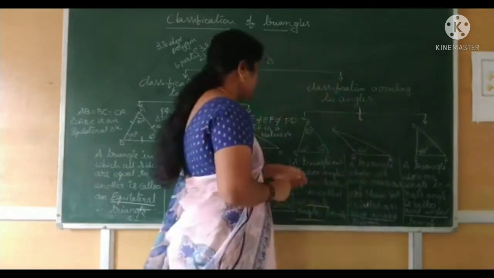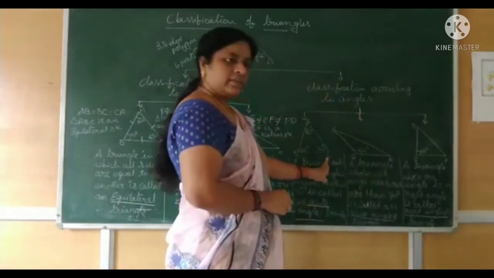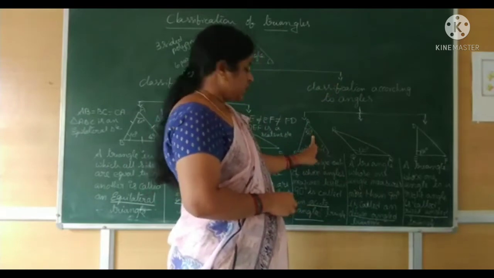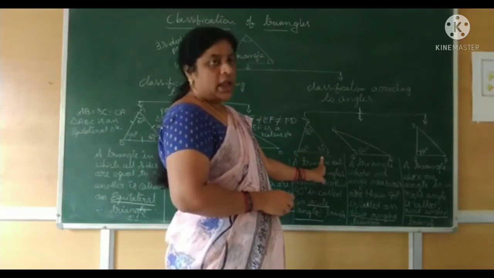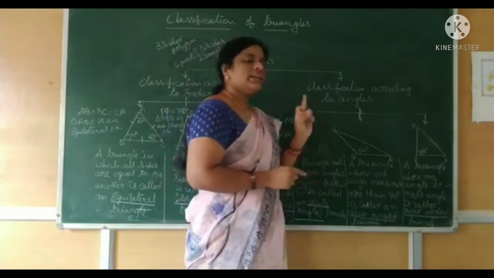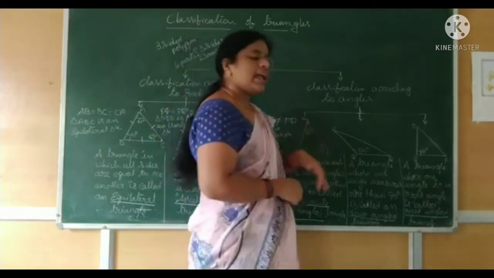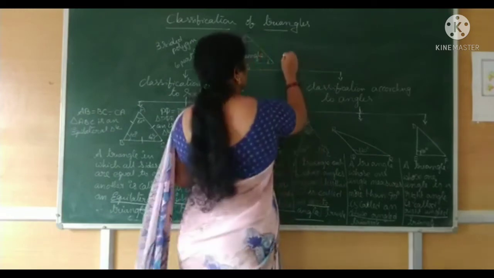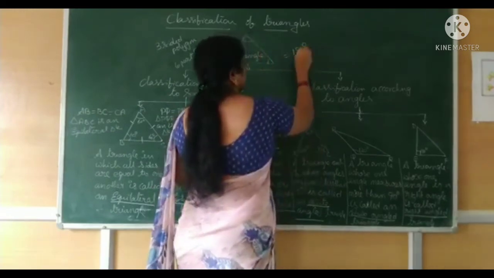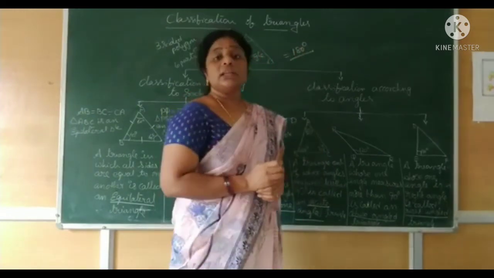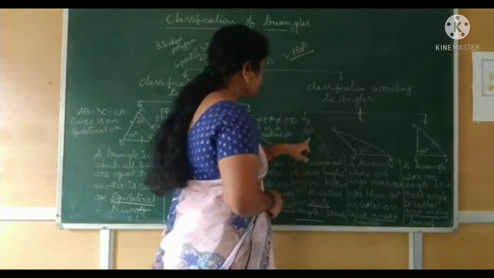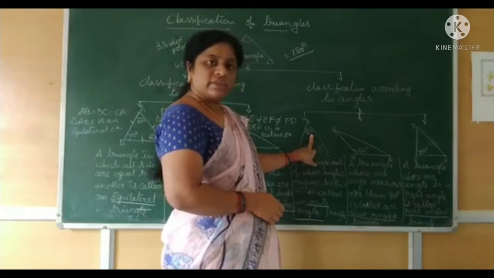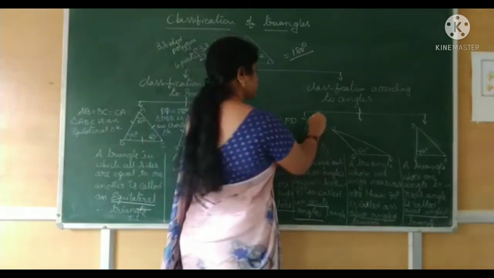See here, triangle ABC is given. Angle A equals 50, angle B equals 60, angle C equals 70. And one more: the sum of the interior angles of a triangle is equal to 180 degrees. Now check. Angle A is 50, so it is less than 90.